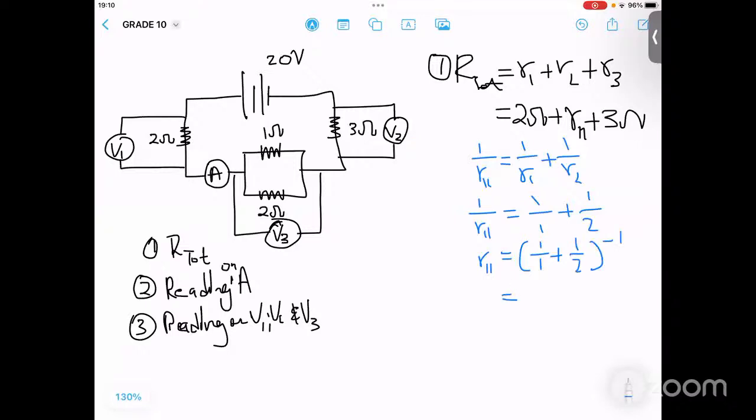You will always do it like this. And then you punch that on your calculator. So you have 1 over 1 plus 1 over 2, you close, you say to the exponent of -1, it gives you 2 over 3, but you must write it as a decimal, which is 0.67 ohms.